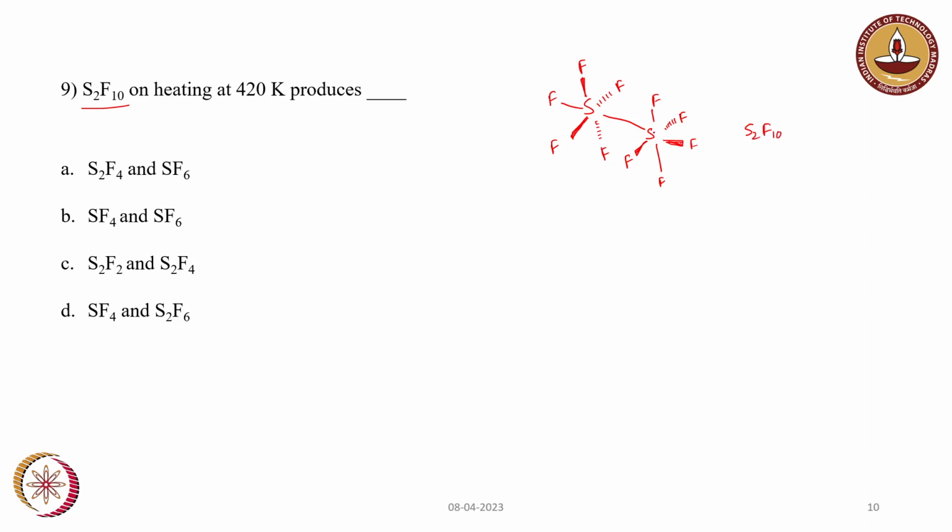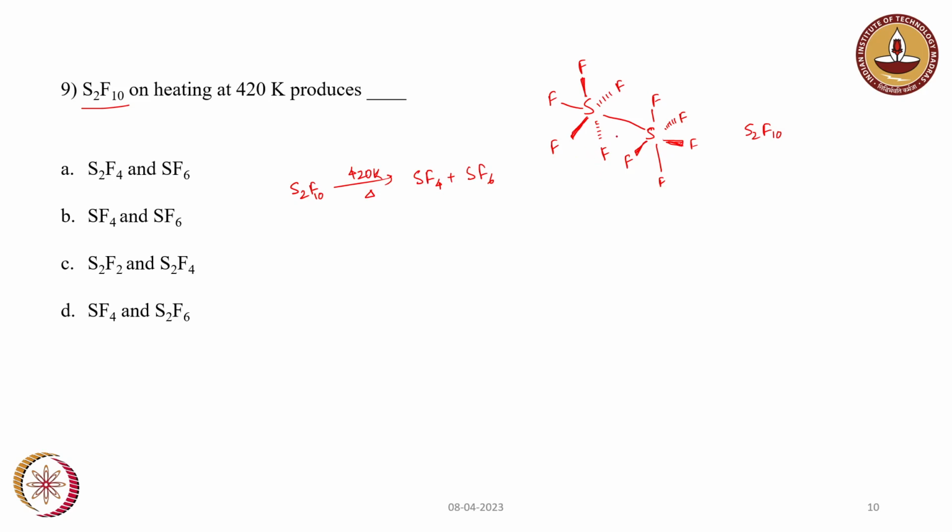One S–S bond is present and each sulfur is bonded to 5 fluorine atoms. So when S2F10 is heated at 420 Kelvin, it will form SF4 and SF6.